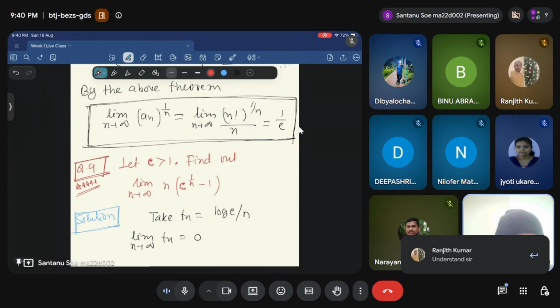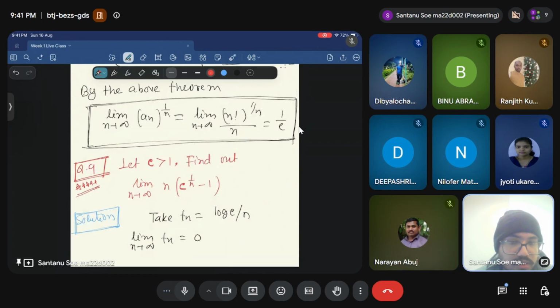Oh okay, that's why you said the answer is 1, because you said log e. Maybe you understood it wrongly. So indeed the answer will be log of c.